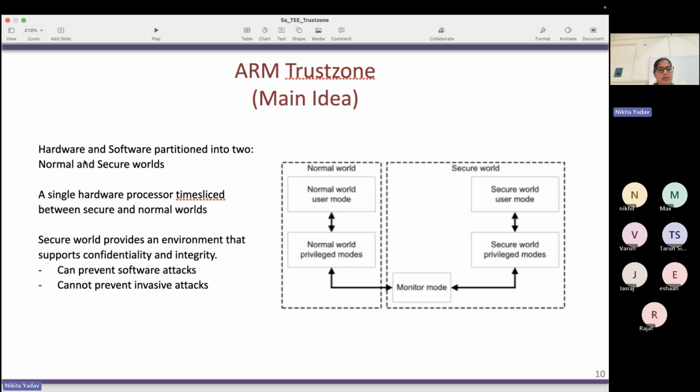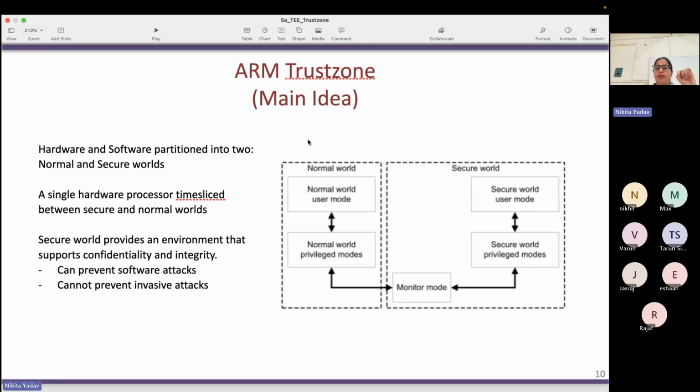A single hardware processor is time sliced between the secure and the normal world. But how will you run this normal world and secure world? The single processor will be running these different worlds in a time sliced manner. What that means is that at a particular point of time, your processor can be either in the normal world or in the secure world.